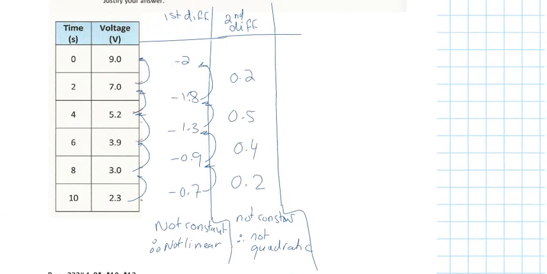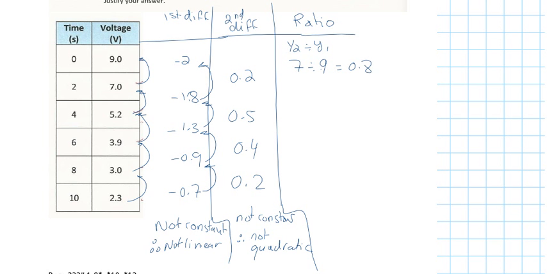And then we're going to have to go back to our original y values, and then we're going to have to do the first ratio, okay? So remember that when you're doing the ratio, you're going to go back to the y, and you're going to do y2 divided by y1, right? So 7 divided by 9, 0.8. 5.2 divided by 7, 0.7.